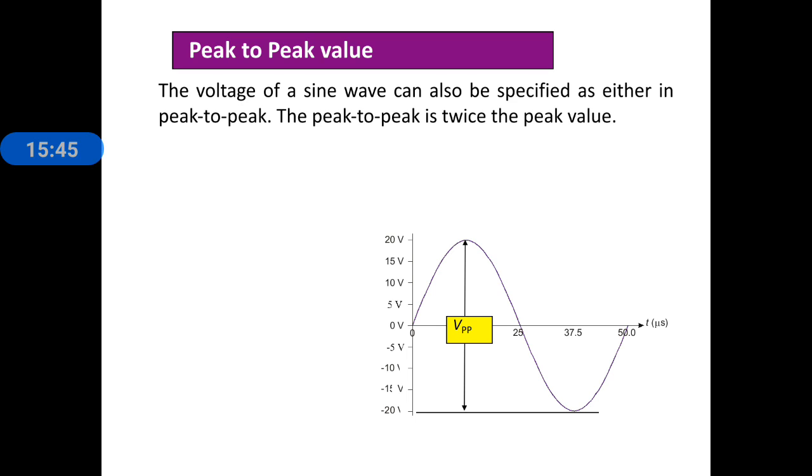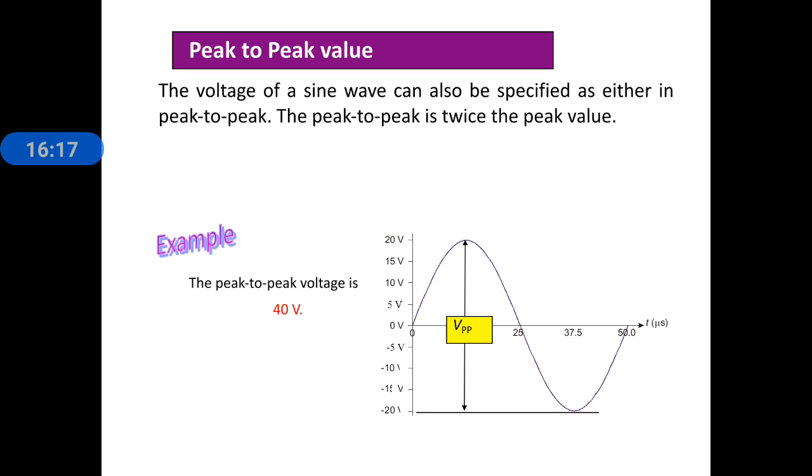Peak to peak value. Here peak to peak means positive peak to negative peak value. So just the magnitude is required. So positive 20 to negative 20, the magnitude is positive 20 and negative 20, total 40. Here from positive peak to negative peak, the total difference is 40 volt. 40 volt is the peak to peak voltage.